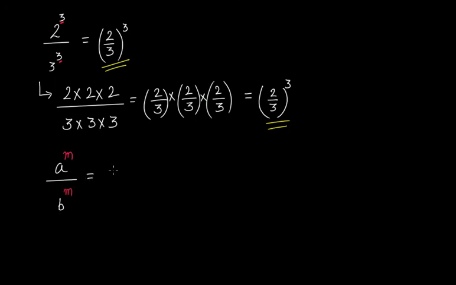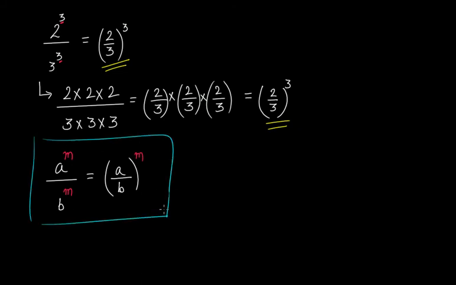In such a condition, this is a divided by b raised to the mth power. This is the generalized representation of the fifth law of exponents. Let's take a few more examples.